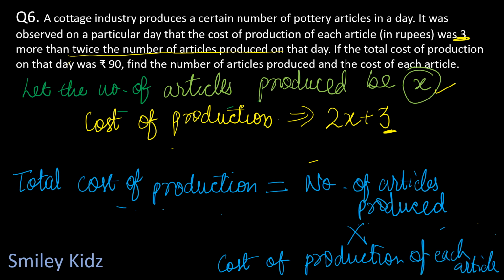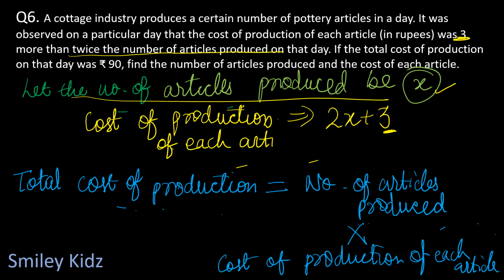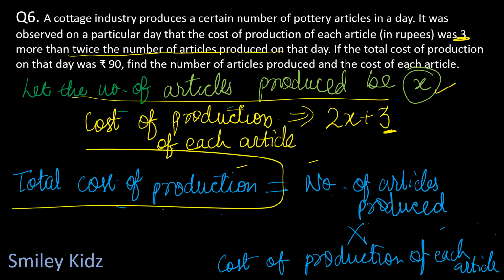Here we know that the number of articles produced are x. The cost of production of each article is 2x plus 3. What will be the total cost of production? It means the number of articles produced times the cost of production of each article.